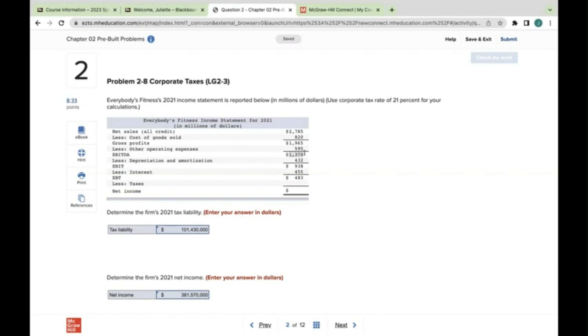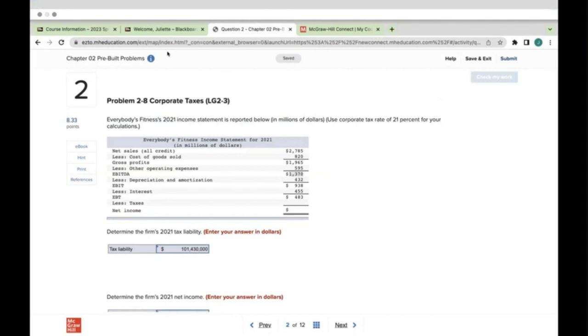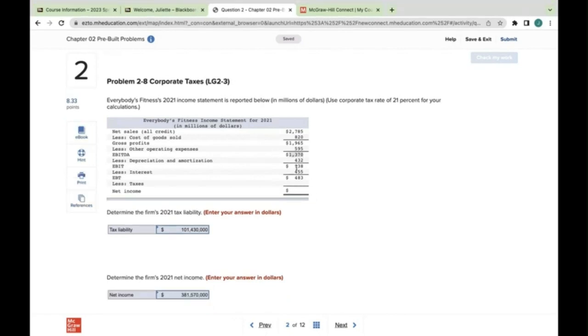You're not subtracting that from EBIT. According to this, the EBIT is this and interest is this, but we're not taking that route. We're taking this times 1 minus 0.3.